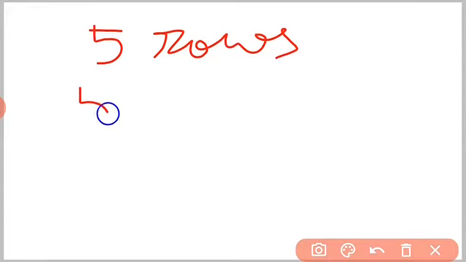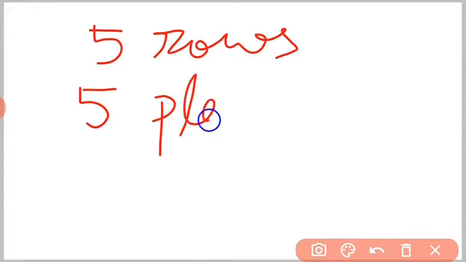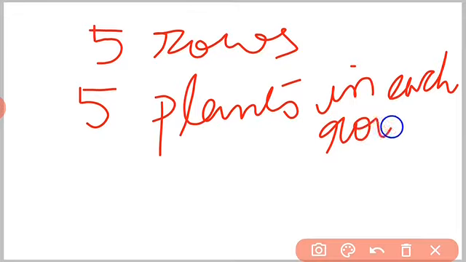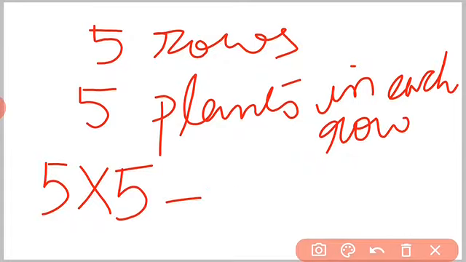Suppose there are 5 rows and in each row there are 5 plants. So how many plants are there in total? Yes, it will be 5 multiply 5, that is 5 squared.